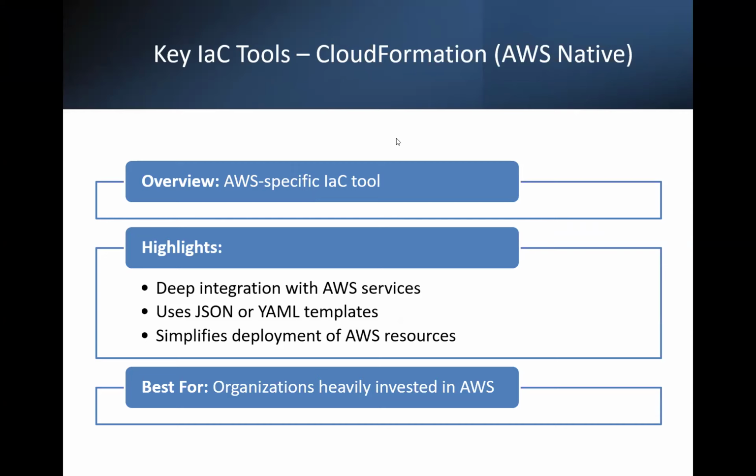In AWS, how exactly does CloudFormation work? AWS CloudFormation is the infrastructure as code tool there. Internally, whether it is a JSON or YAML file, it uses the templates and simply deploys the AWS resources.